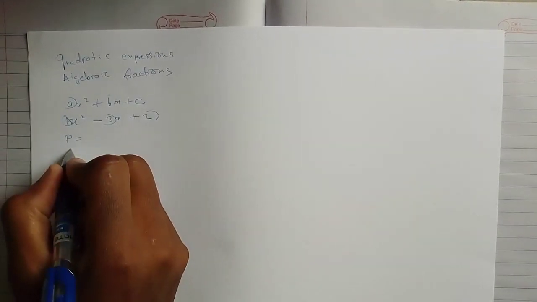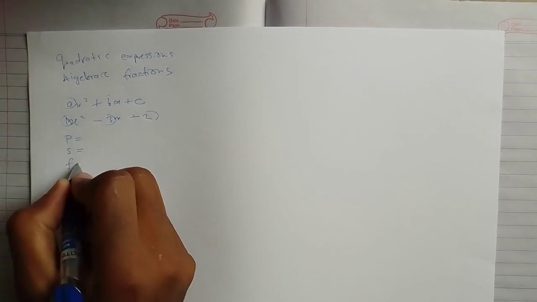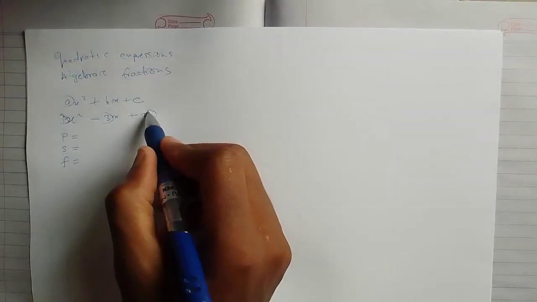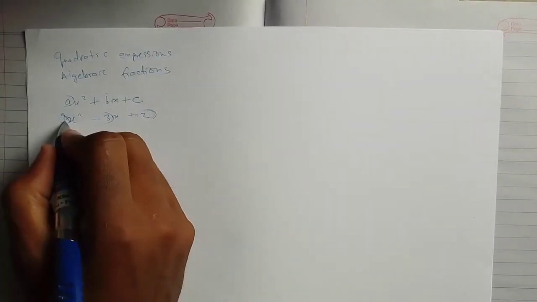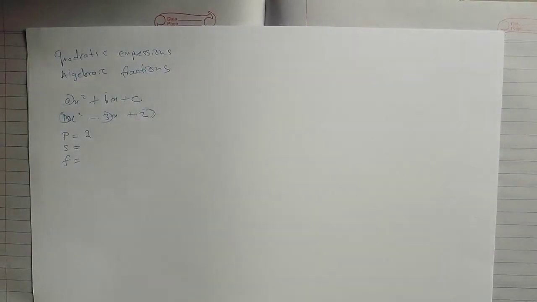So how do we factorize quadratic expressions? When we want to factorize quadratic expressions, there are 3 things we should consider: the product, the sum, and the 2 factors. How do we get the product? We get the product by multiplying A times C. So 1 times 2 is 2, then that's our product.